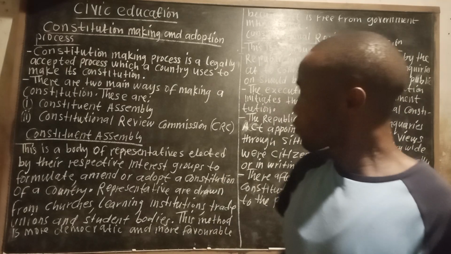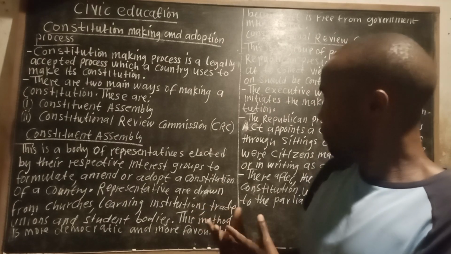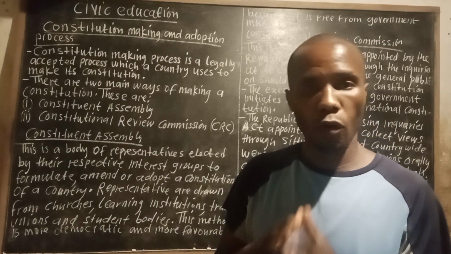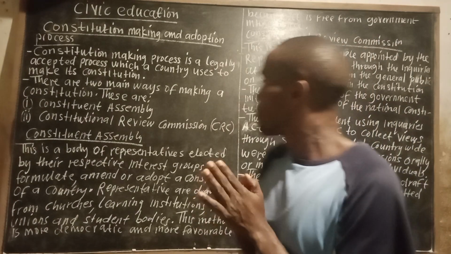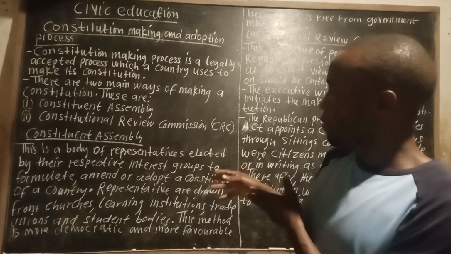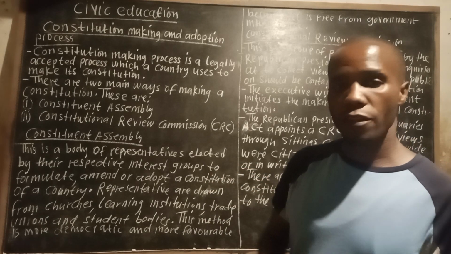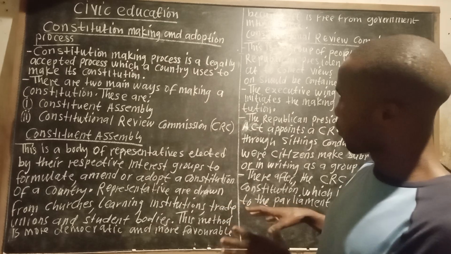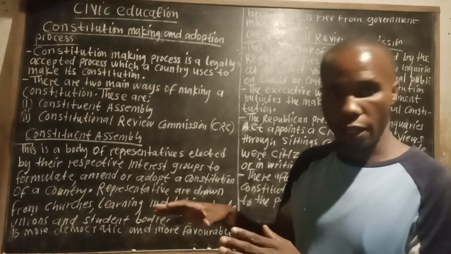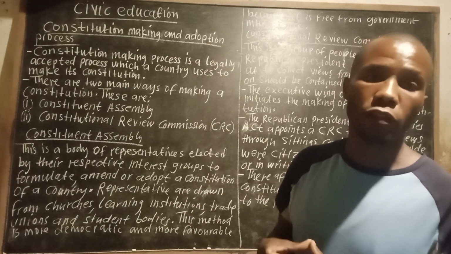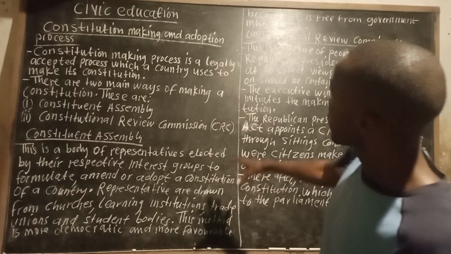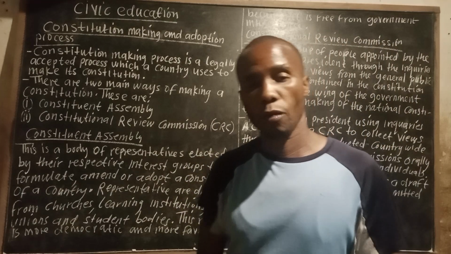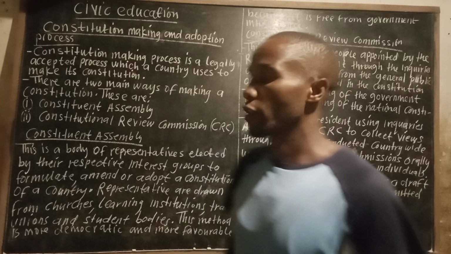This type of process has been commended as more democratic because it does not involve interference of the government. Interest groups are there to do the job on their own. So this is one way of making and adopting the constitution.